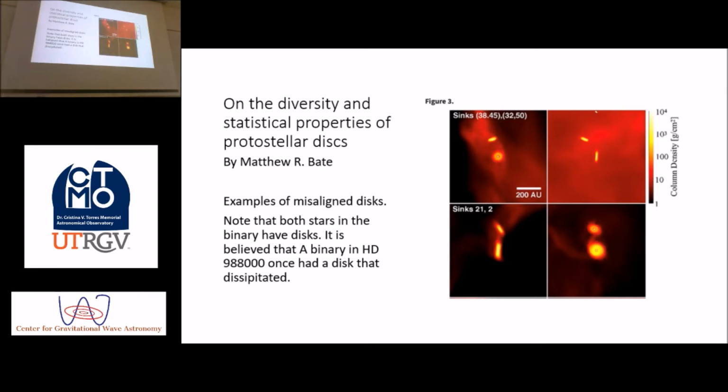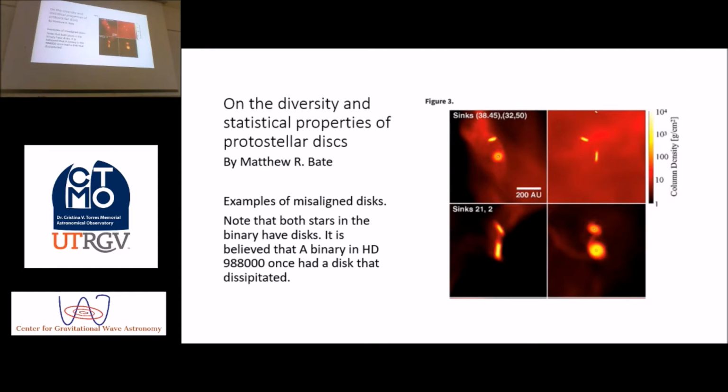And this was mentioned earlier. The paper does mention that there is no circumbinary disk around binary system A. But there are other instances of binary systems where both of the stars have circumbinary disks around them.